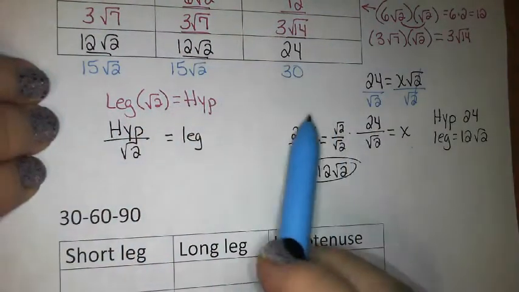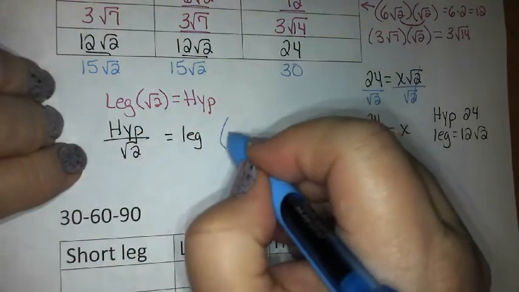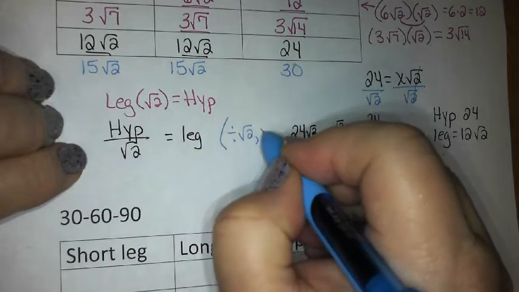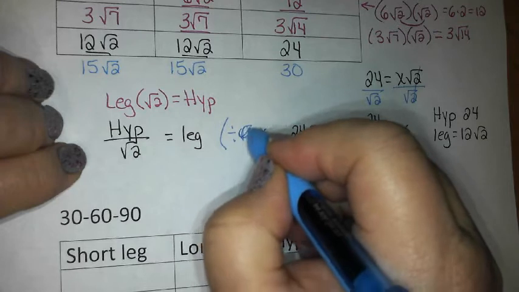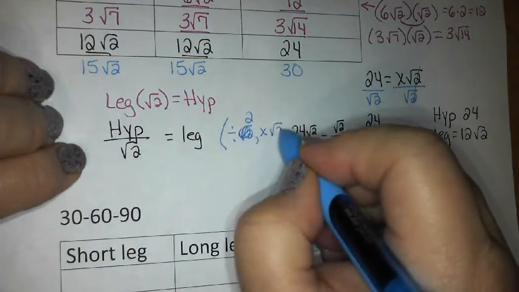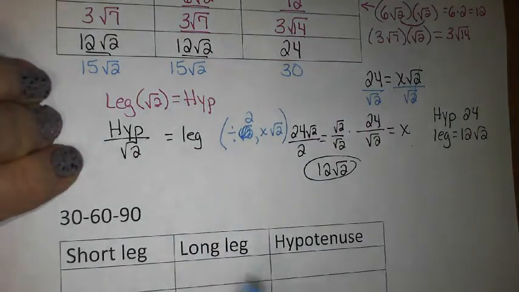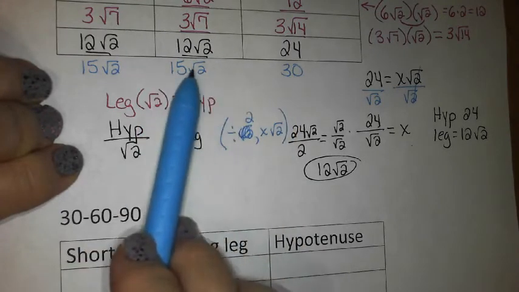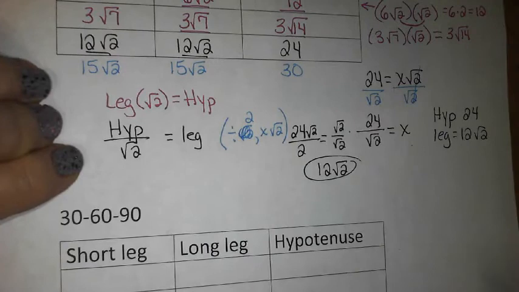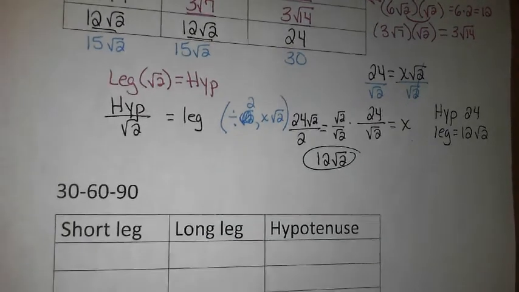So you divide by the square root of 2, and we divided by 2, and we multiplied by the square root of 2 to get our answer. 30 divided by 2 was 15 times the square root of 2. So I encourage you to learn that little shortcut. It will come in handy.